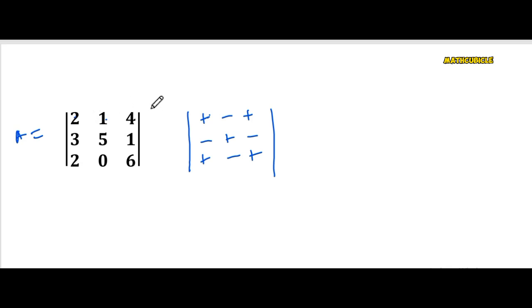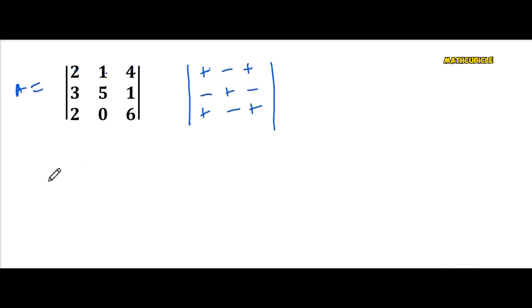Plus 2 here, the sign is plus, 1 the sign is minus, 4 the sign is plus, 3 the sign is minus, and so on and so forth. So all we are going to do is get the minor of each of these elements. So the minor of 2, let's start with 2 here. When you rule it vertically and horizontally, the sign on 2 is plus.